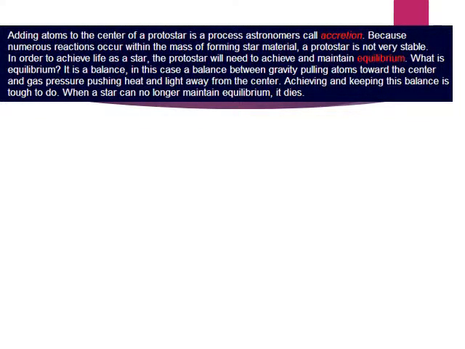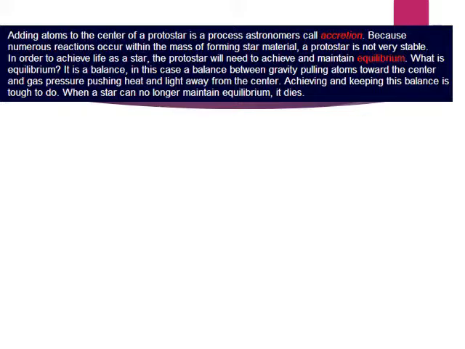Adding atoms to the center of a protostar is a process astronomers call accretion. Because numerous reactions occur within the mass of a forming star, a protostar is not very stable. In order to achieve life as a star, the protostar will need to achieve and maintain an equilibrium. And what exactly is that?